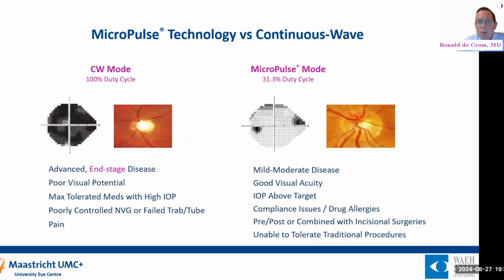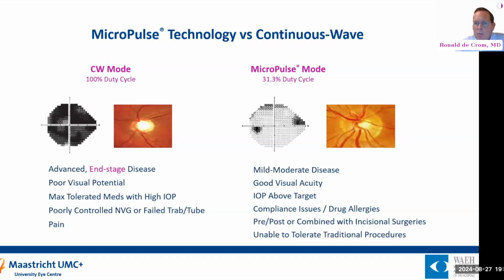And the continuous wave mode can be used especially in patients with more advanced or end-stage glaucoma disease, with a poor vision or poor visual potential, and also in patients with a lot of medications and still high intraocular pressures.